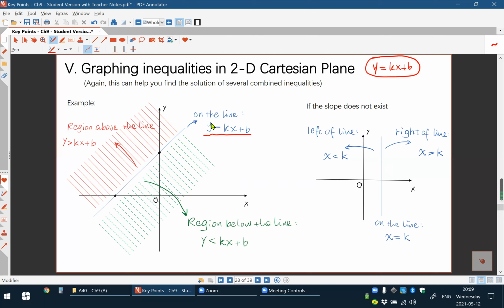If we know the equation of this line, we can draw the line here. Okay, suppose this is the graph of this line. And any region that is above this line can be denoted with y is greater than kx plus b. Right? And any region below this line can be denoted as y is smaller than kx plus b. Right? Did you see why?